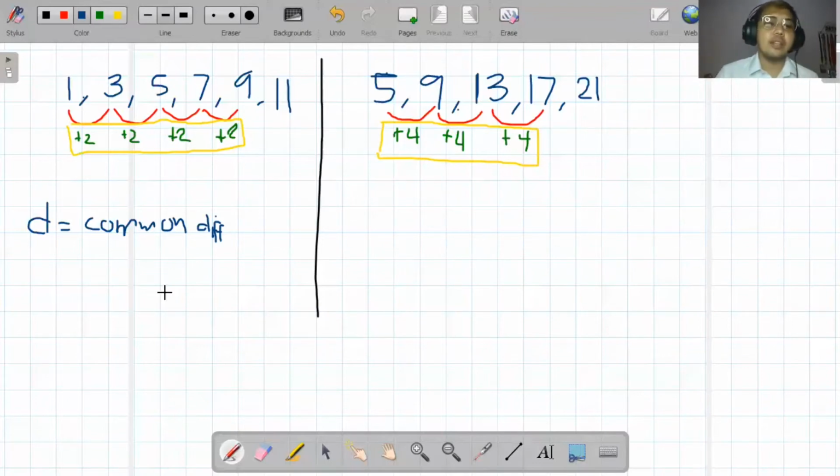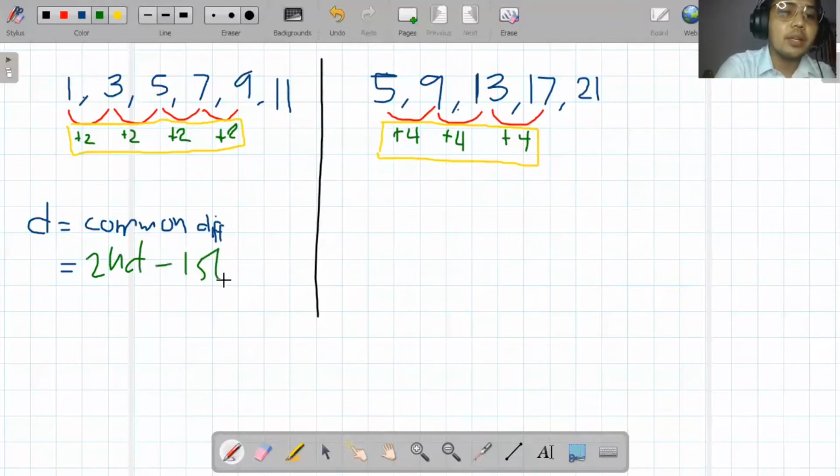In finding the common difference, we have to subtract second term minus the first term. So that's actually first. Second term minus the first term.